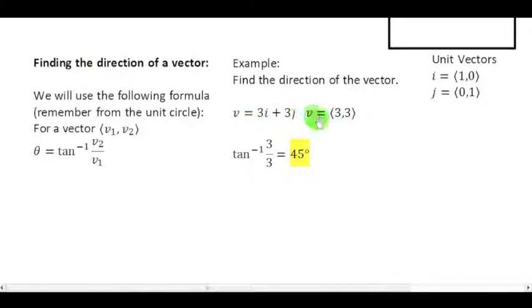I wanted to find the angle if I were to draw the vector 3, 3 on my page out from the origin. What angle would it be at? And so you look at it, tan inverse of 3 over 3 is just positive 45 degrees. Okay? That covers the basics of vectors.